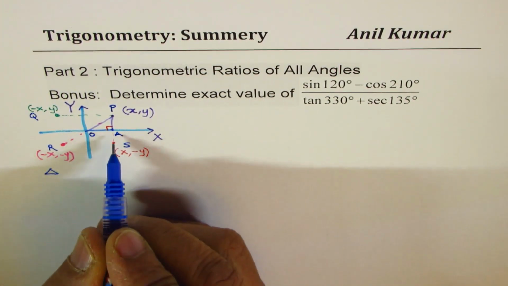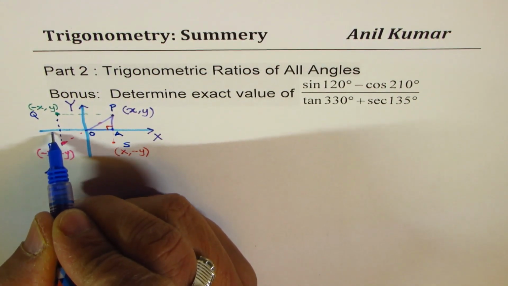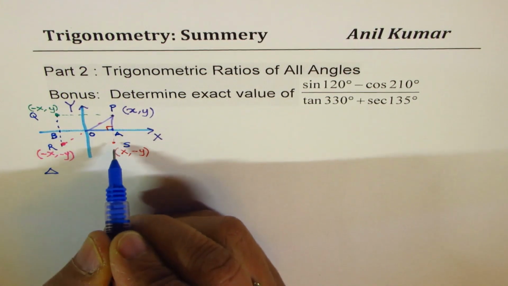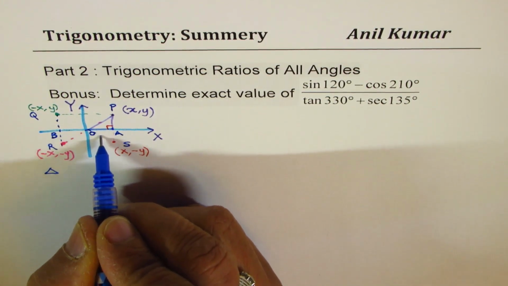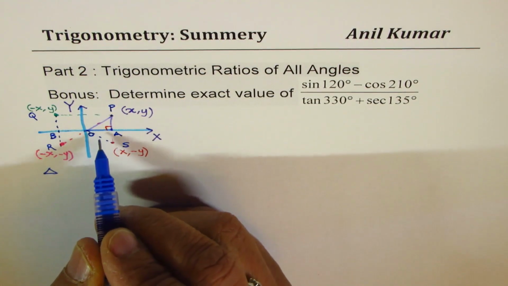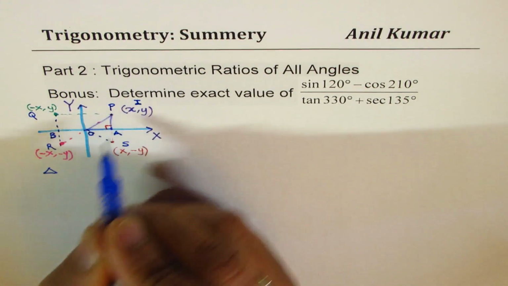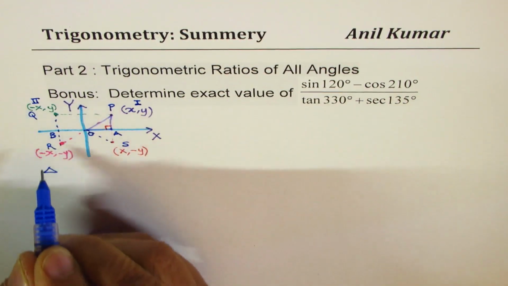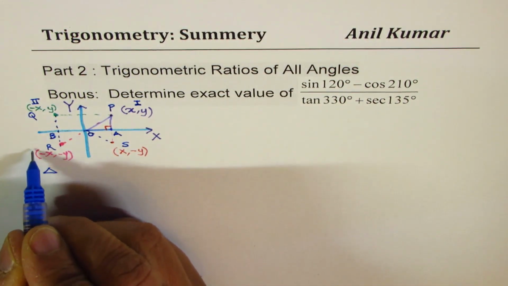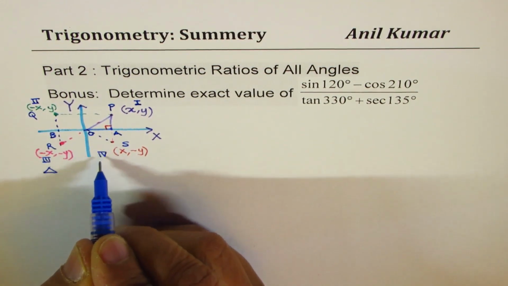So A here, and when I make a triangle there, I'll call this point B. Okay, so we have different triangles. We'll first consider the triangle in quadrant 1. This is quadrant 1, this is quadrant 2, quadrant 3, and quadrant 4.